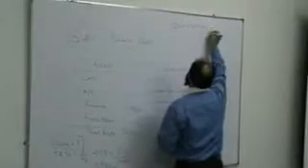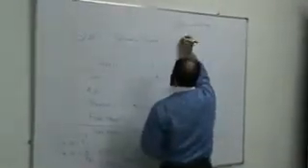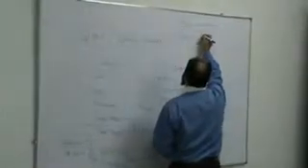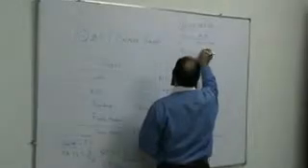Now DSO is 36.5, and accounts receivable we need to find out.